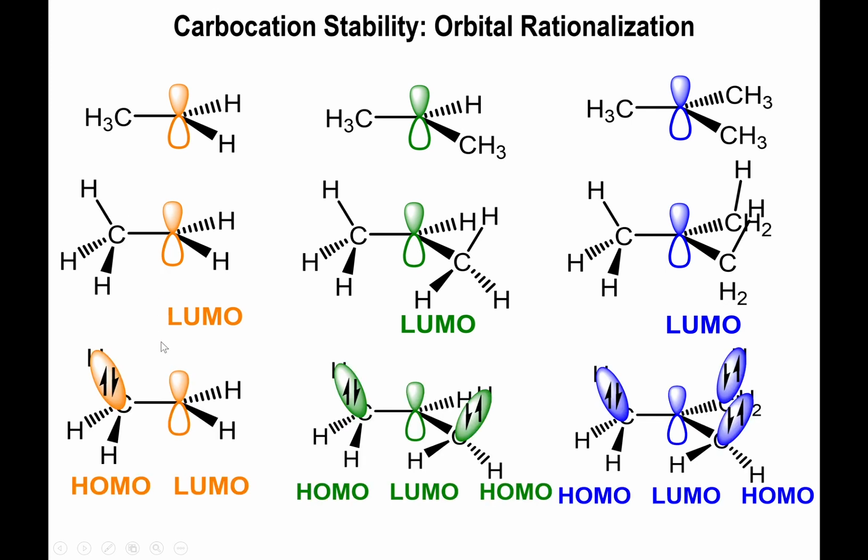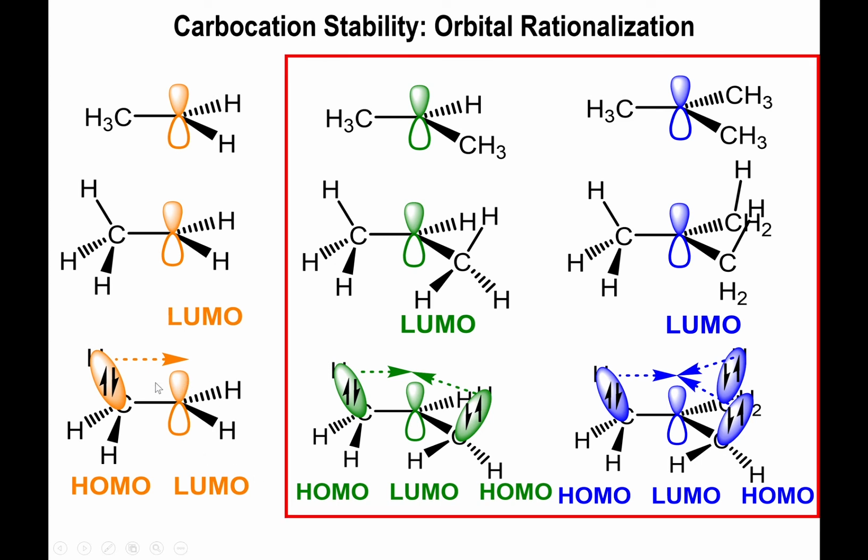And since the bonds have electrons, you can actually, by proxy, stabilize this empty orbital, and we call this hyperconjugation. Now notice that for the secondary and the tertiary carbocations, you get the most hyperconjugation onto that empty p orbital, and as such, tertiary carbocations are the most stable of the bunch, followed by secondary.